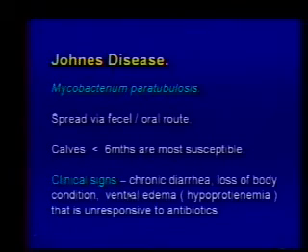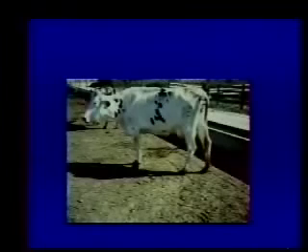The clinical signs of this condition: a chronic diarrhea, loss of body condition, ventral edema due to a hypoproteinemia that is unresponsive to antibiotics. Older cows with a chronic diarrhea, with ventral edema that do not respond to antibiotic treatment, you're suspicious of this condition.